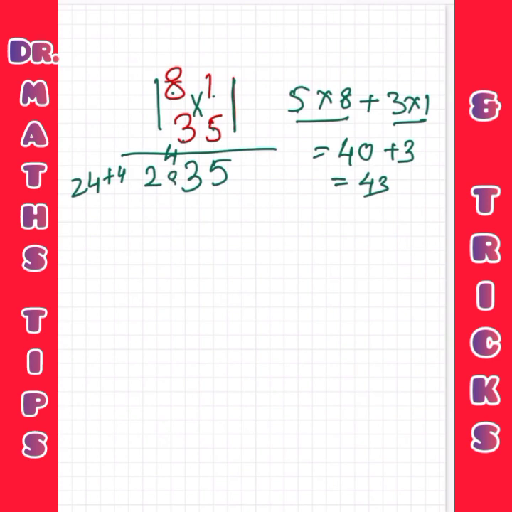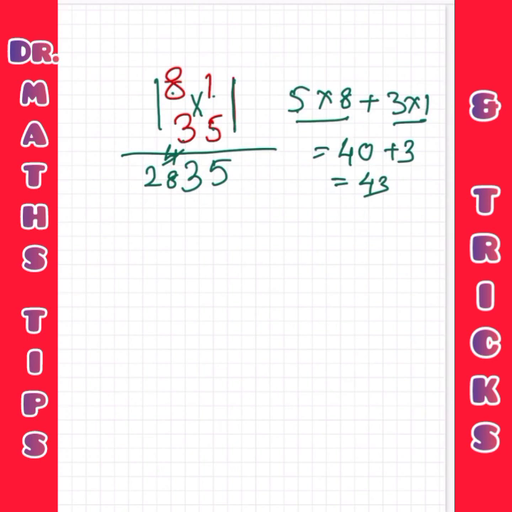Now I will multiply 8 into 3, that is 24, and add this 4, 28. Done. I will tell you again. Just multiply 5 and 1 equal to 5. Now multiply 5 into 8 plus 3 into 1, that is 40 plus 3, 43.